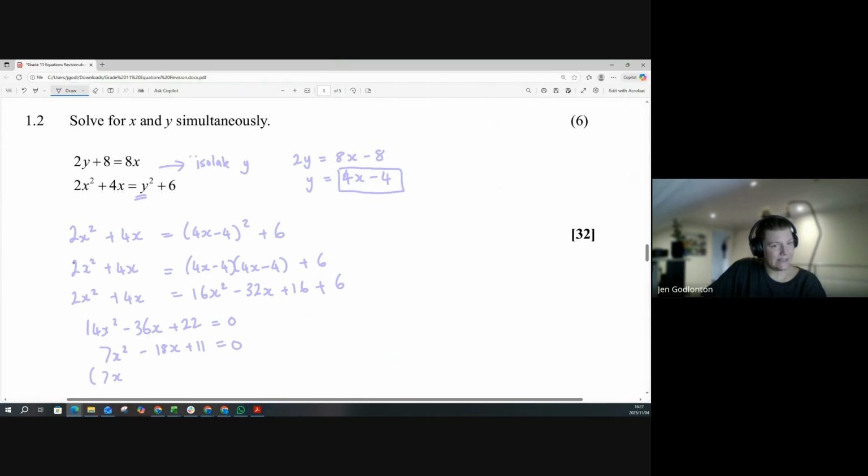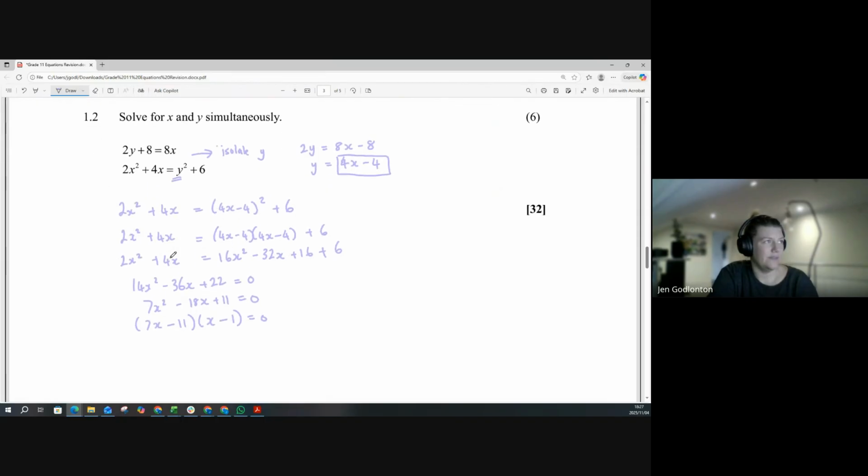So 7x minus 11, x minus 1 is equal to 0, which means x is equal to 11 over 7, or x is equal to 1. And then we just sub it back in over here to get our y values.